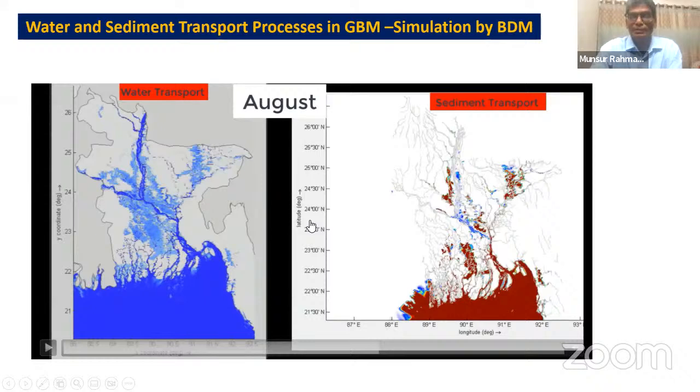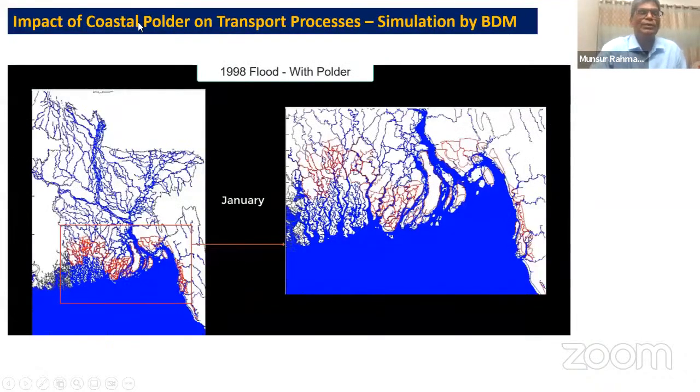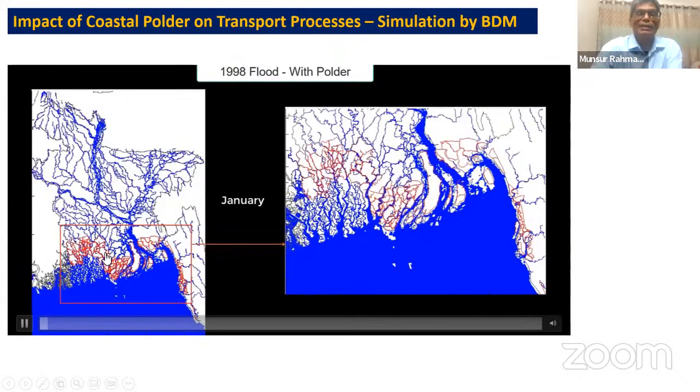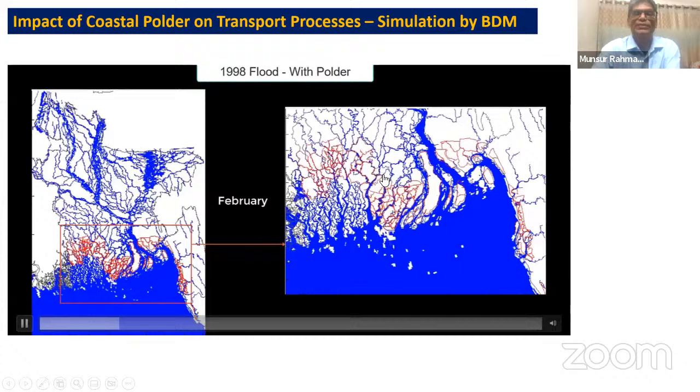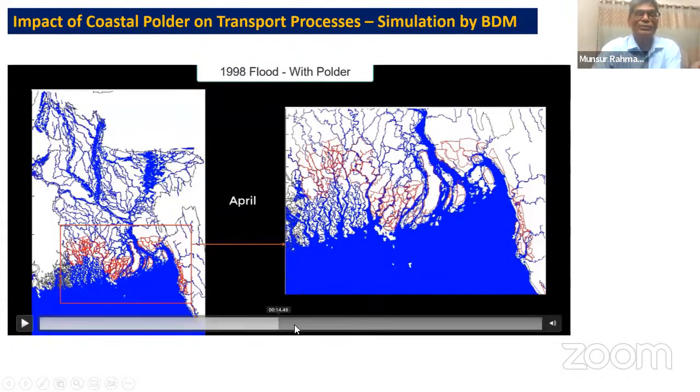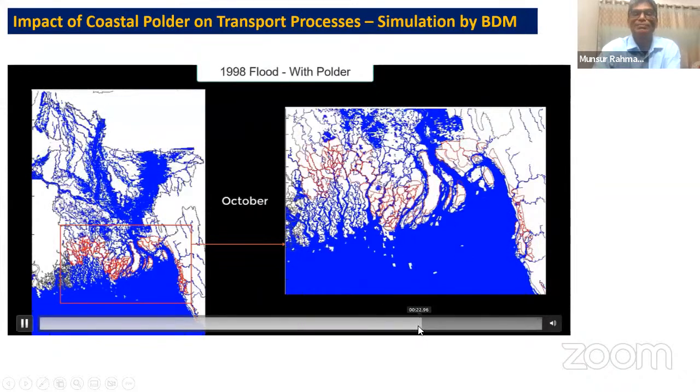And if we have a look at the effect of coastal polders on the sediment transport processes, how it has impact, we can see the flood water is coming, and in the coastal borders it is changing, and again it is for the extreme flood condition. We try to capture the information, something like that, in different months.